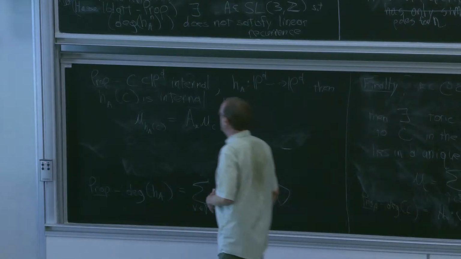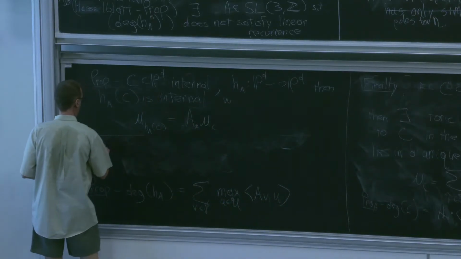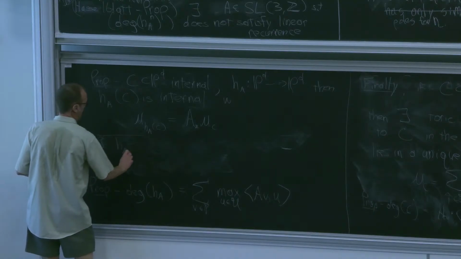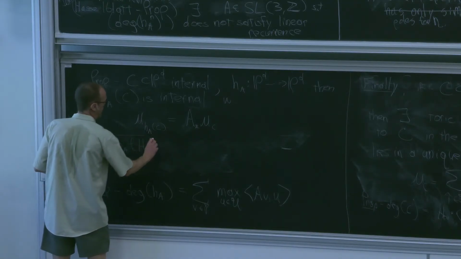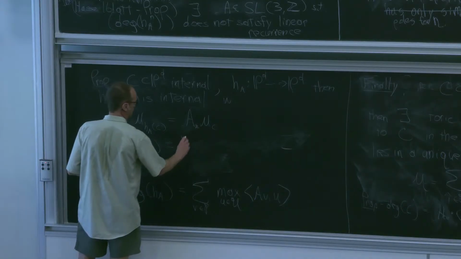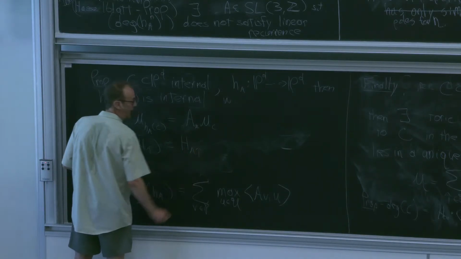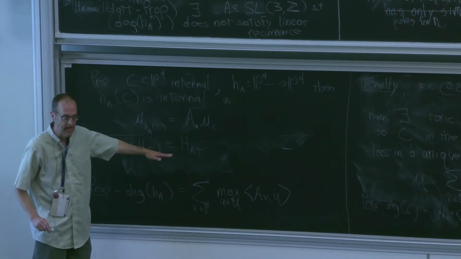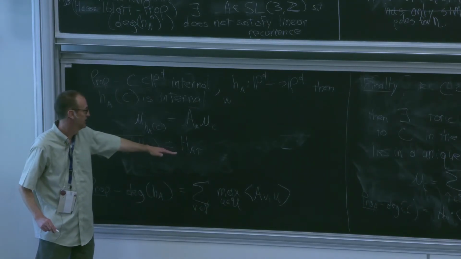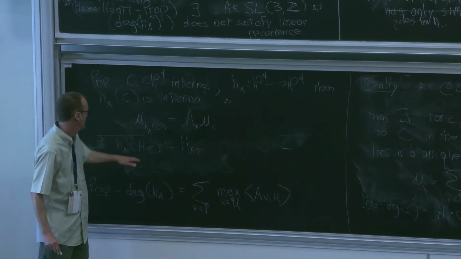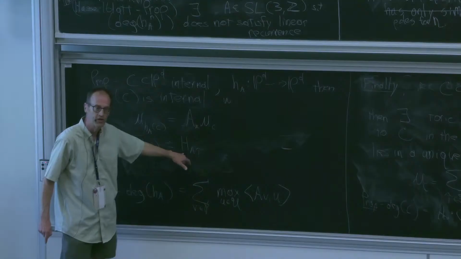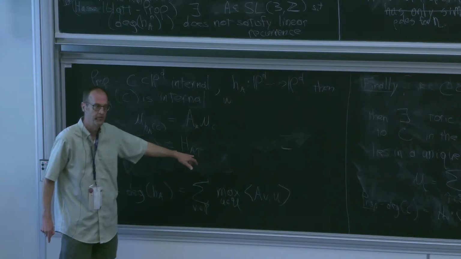What's really going on here, proof: H_A of H_tau is equal to H_{A tau}. This is true as sets. If you include multiplicities, this also accounts for multiplicities, because A won't necessarily take a primitive vector to a primitive vector.